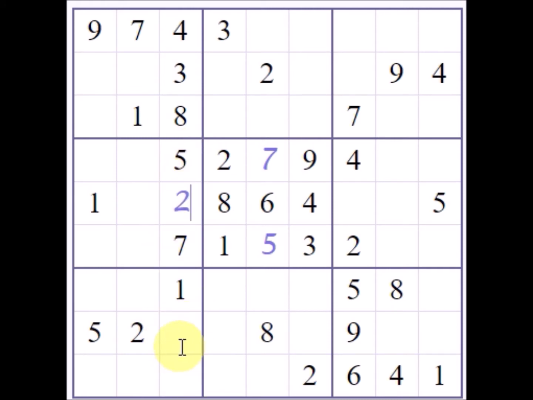So one of these 2 has to be a 6. So I look both through my rows and my columns and my square to see if I can eliminate a 6 for one of these 2 squares. And I can. There's a 6 right here. It says it cannot be a 6. So that means this one has to be a 6. Then we've got 7, 8, and we're missing a 9. Well, there's one block left for 9. So we put a 9 in there.